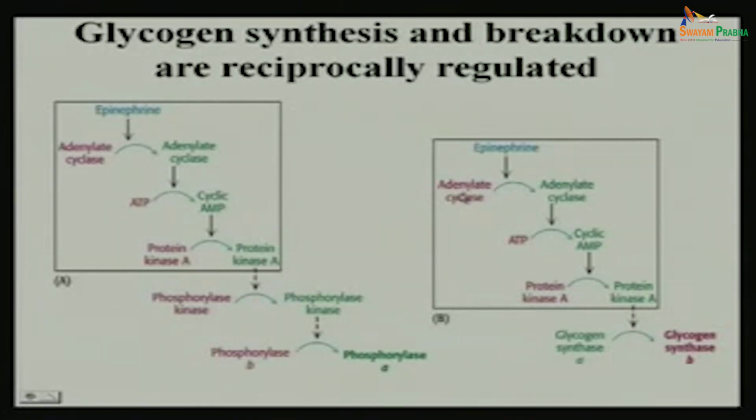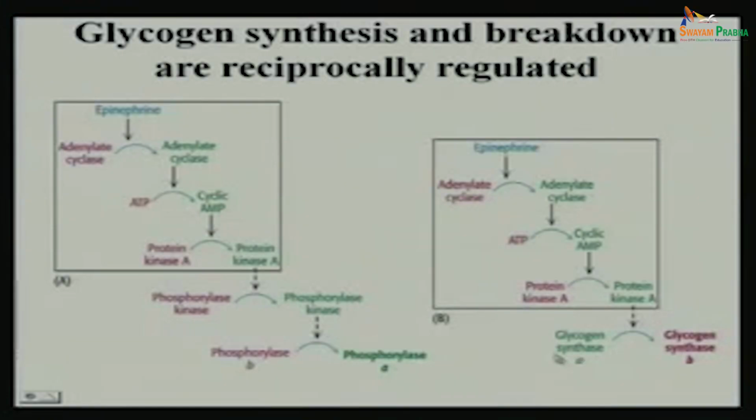So the adenylate cyclase, up to protein kinase, is active. Protein kinase is now inactivating the glycogen synthase, which is utilized in the glycogen synthesis process, and it gets stopped.